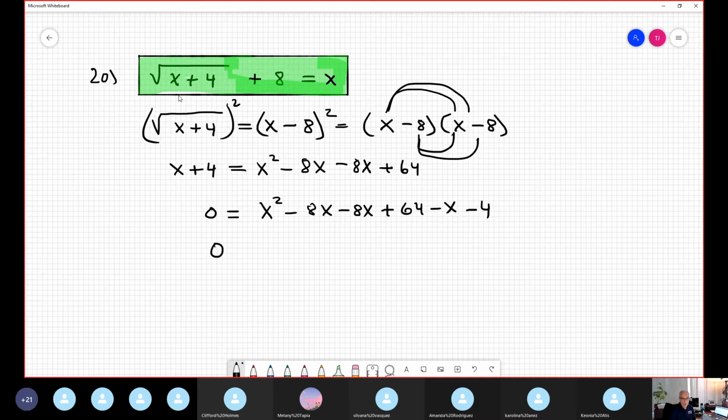So we have combined like terms. This is negative 8x and negative 8x together is negative 16x, and negative 16x minus x is negative 17x, no? And 64 minus 4 is 60.